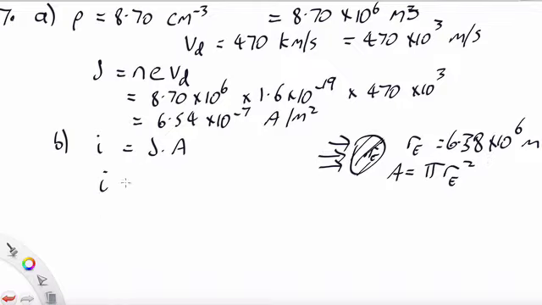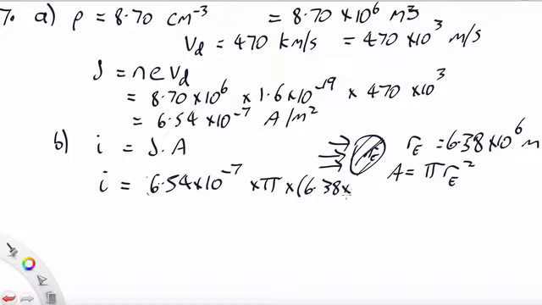So we have the current will be the current density. Now that was 6.54 by 10 to the minus 7, but we're now timesing it by pi times 6.38 by 10 to the 6 squared. We end up with a current over the whole Earth of 8.36 by 10 to the 7 amps.